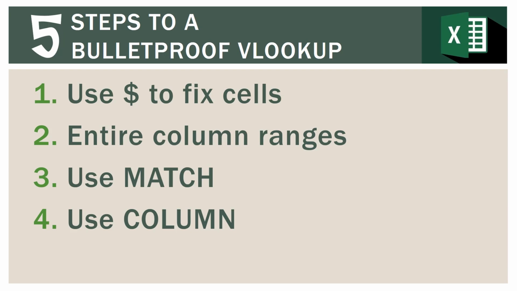No doubt you're wondering how I can get even more flexible and robust a VLOOKUP than we've already got. Well, the answer is we are going to use the column formula to detect where our lookup range is starting.